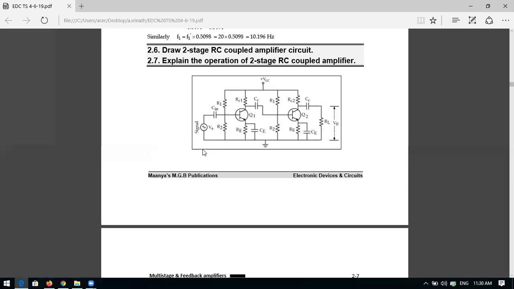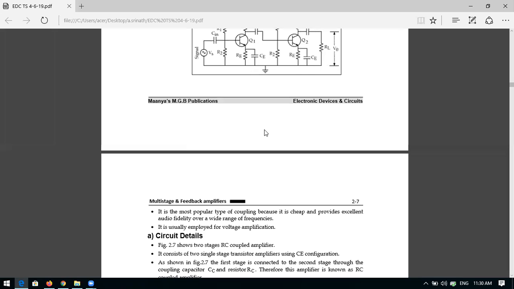The AC signal is given to the first stage, it amplifies and is given at the output of RC1, and this output signal is now connected to your second stage through the coupling capacitor. Then the second stage also amplifies further, and it gives the output signal V0 at low resistance. Like this it will amplify the original input or AC signal.